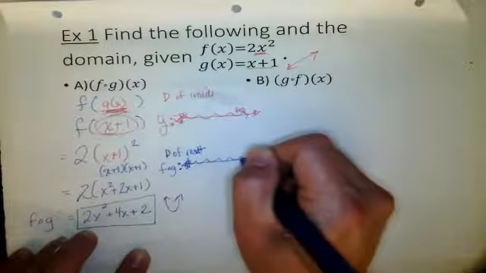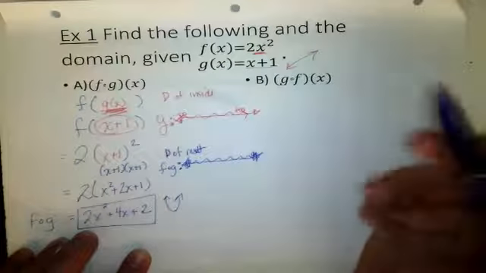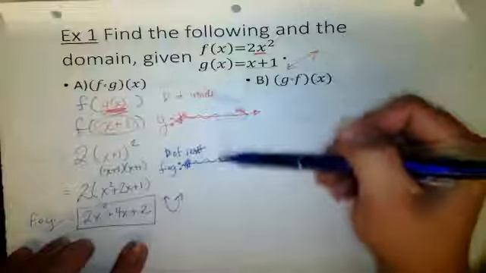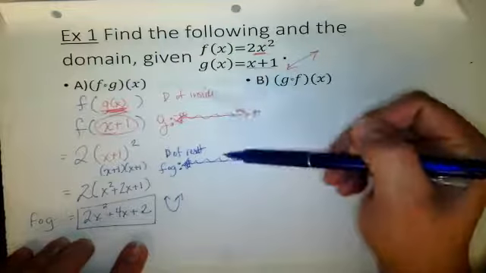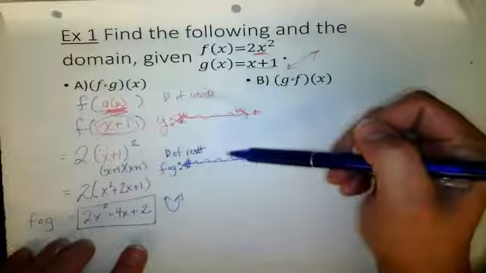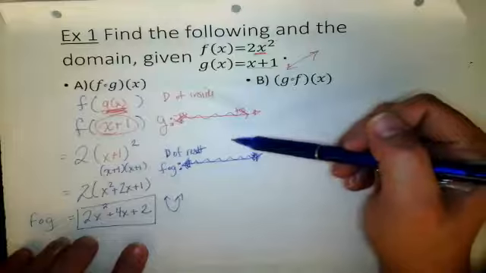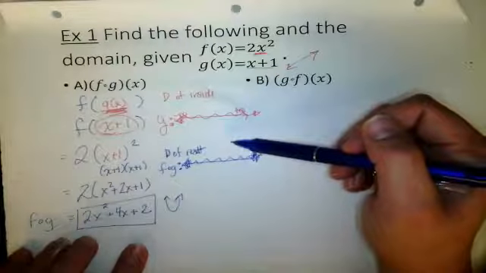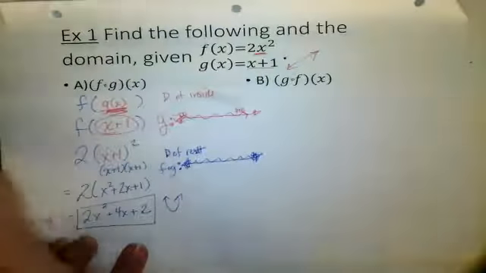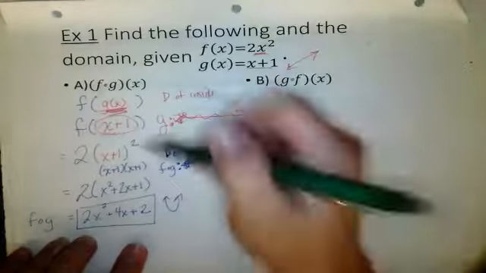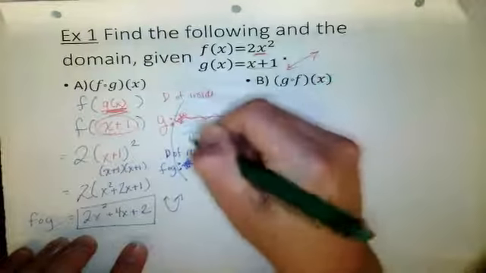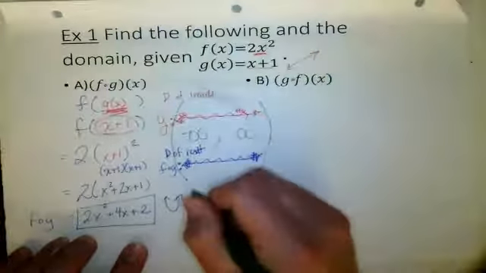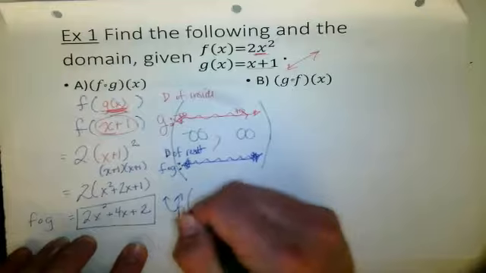Negative infinity all the way to infinity. Okay, and the domain is the intersection of both of these things. Intersection means the overlap. So where do they overlap? Everywhere, all the way from negative infinity to positive infinity. That is the domain of this function.